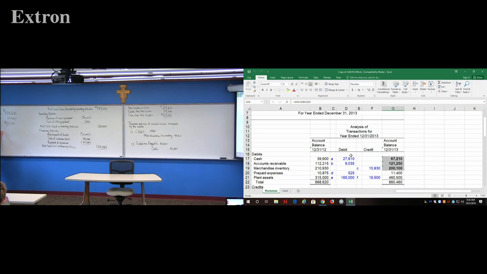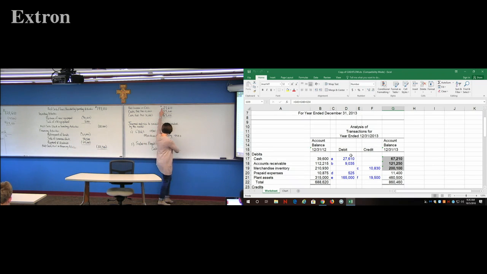Okay, so let's take a look at that cash account real quick. We had a beginning cash balance of 39,600. We said cash went up by 27,610, right?